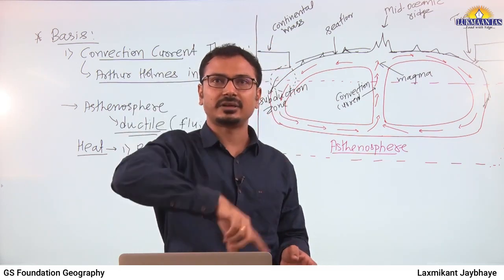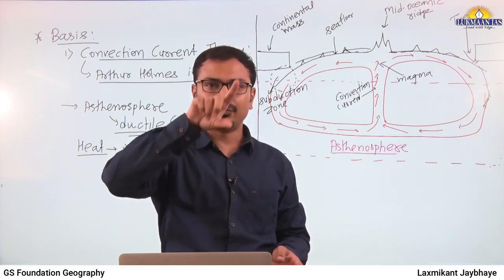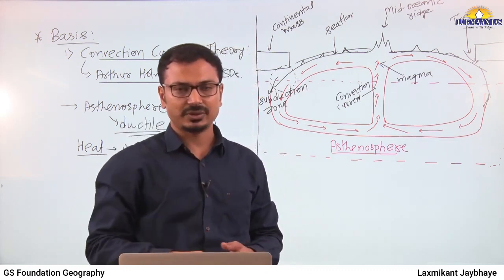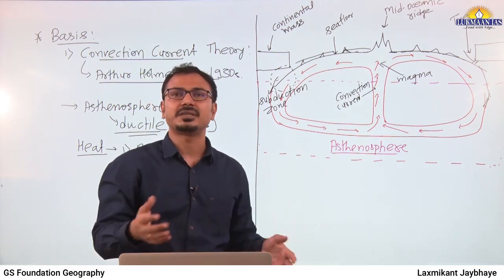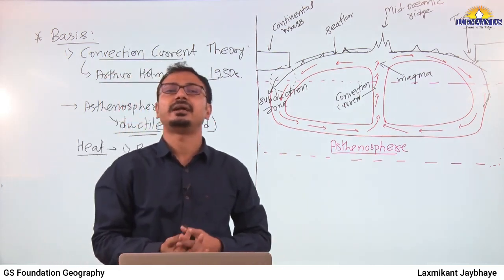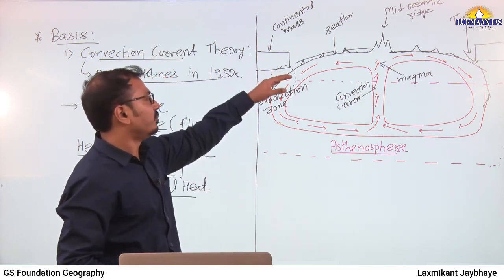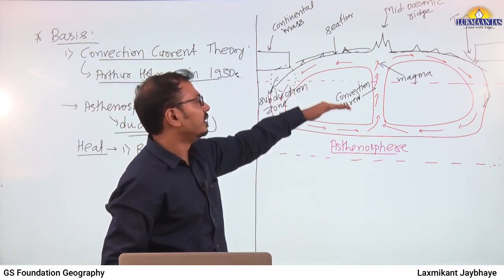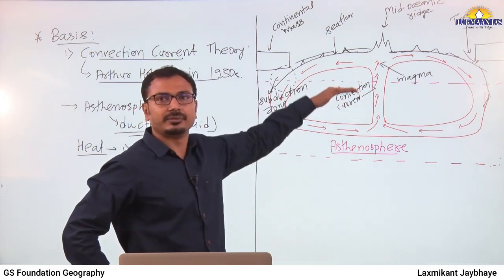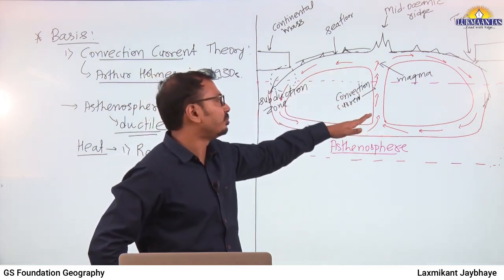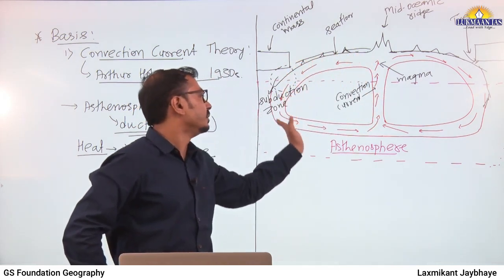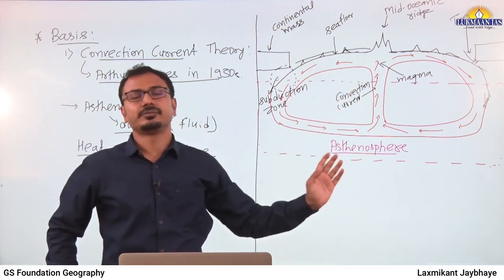So there is a convection current of wind or air above the earth's surface also. The convection happens because of temperature and density differentiation. Here the temperature and density differentiation is along the depth. And because of that, the magma is moving in a circular manner like this.